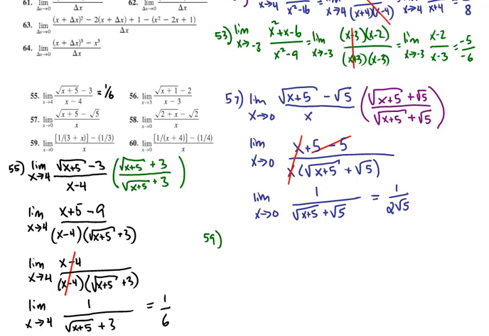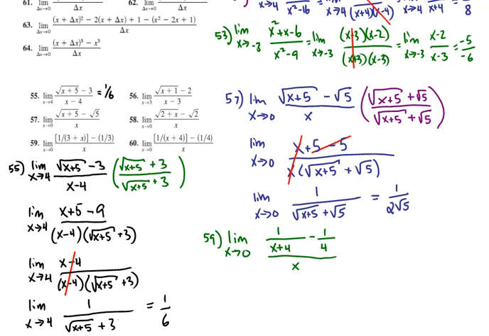In problem 59, we're going to use just simple fraction simplifying. We have the limit as x approaches 0 of 1 over x plus 4 minus 1/4, divided by x. And you'll see that direct substitution, factor and cancel, and rationalizing don't work here.